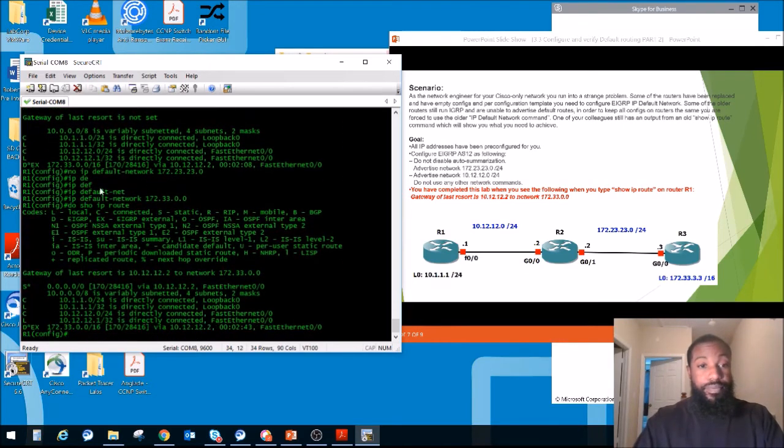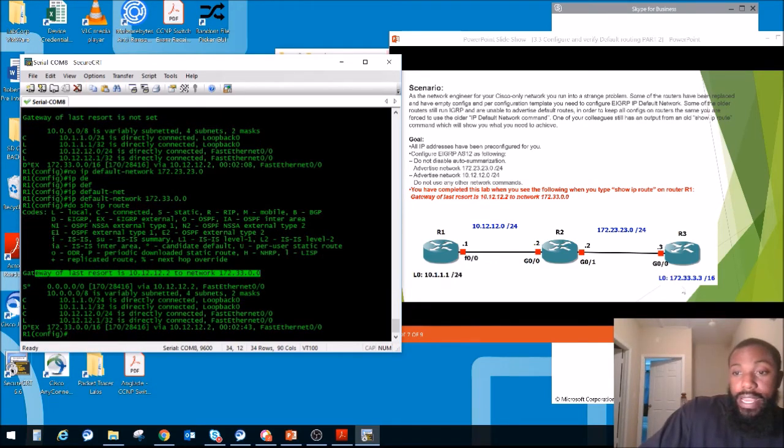Excuse me. And there you go. We had to make the network of the loopback address to be the IP default network. You see that?